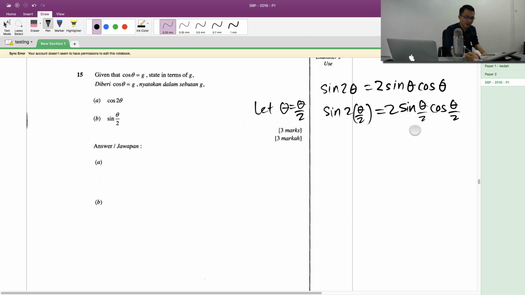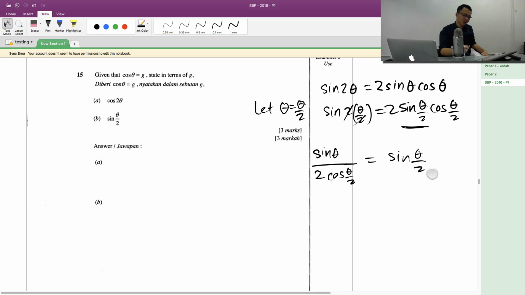And I make this one the subject. So this simplified, I guess we get sine theta, and the 2 I move to the other side is just divided by 2, and then also divided by cos theta over 2. It doesn't seem correct. Okay, anyway, let me just work it out. For this kind of thing, move to this side is divide.